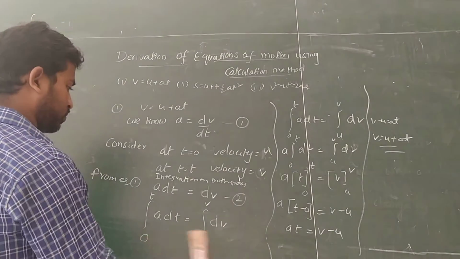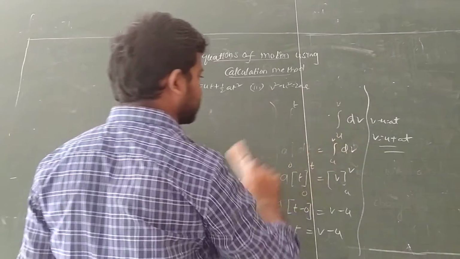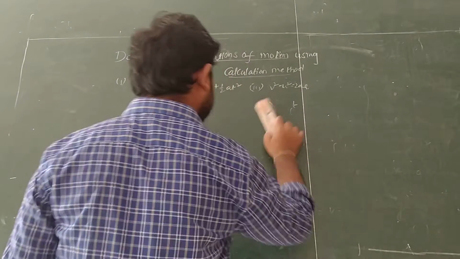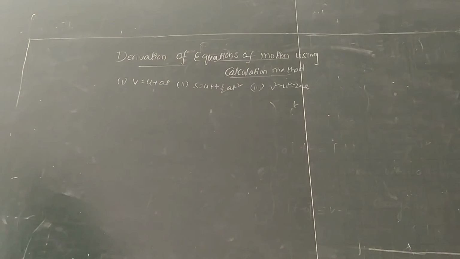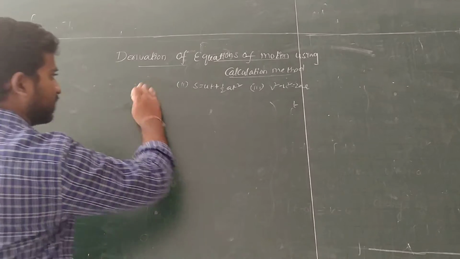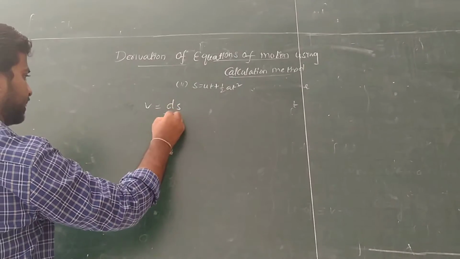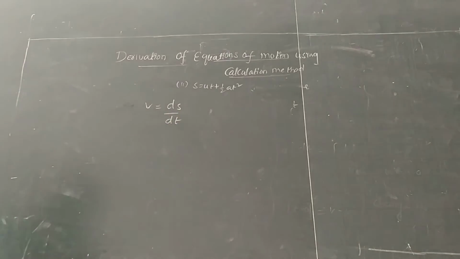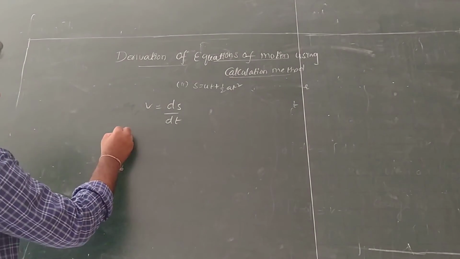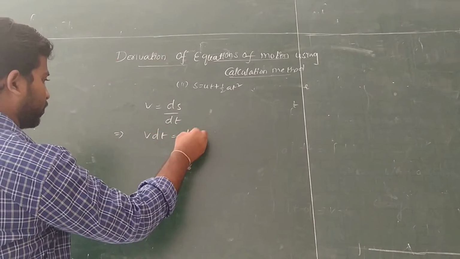Yes. Next one is s equal to ut plus half at square. Consider the second one. From v equal to ds by dt, instantaneous velocity, you can cross multiply this, then v dt equal to ds.